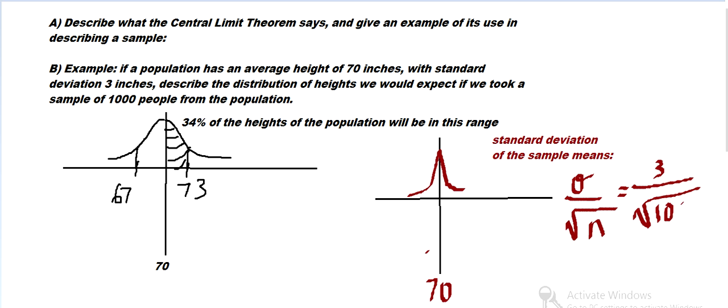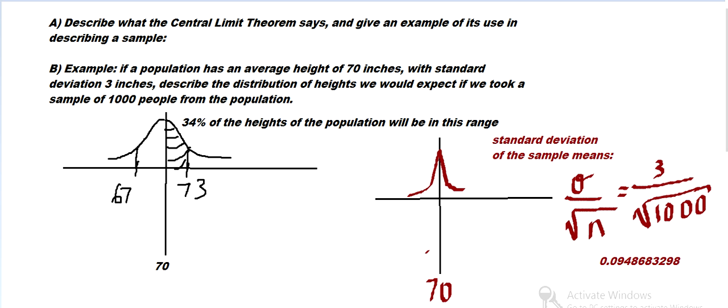That should give an accurate picture of the actual mean. So we take 3 and divide it by the square root of 1,000, and we get the standard deviation is 0.09.